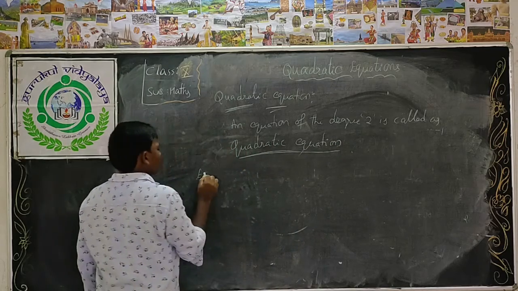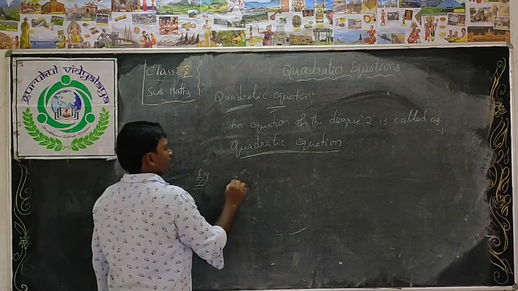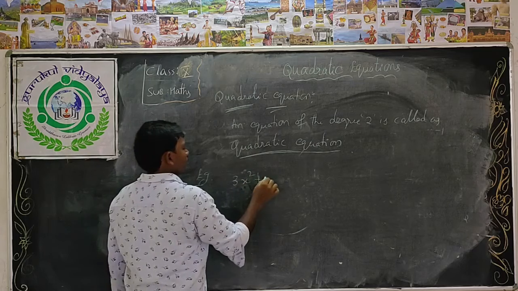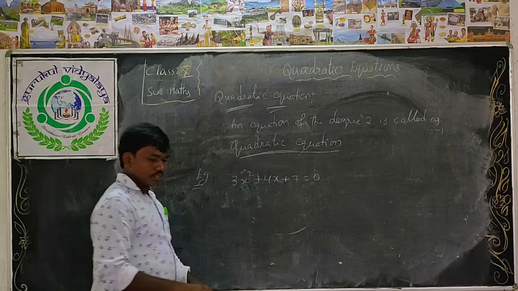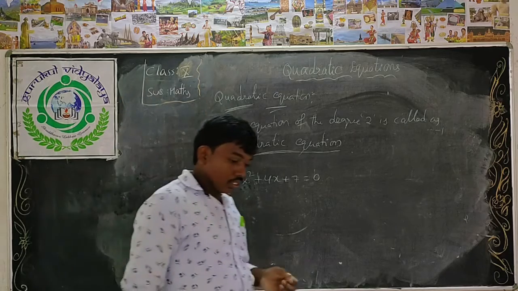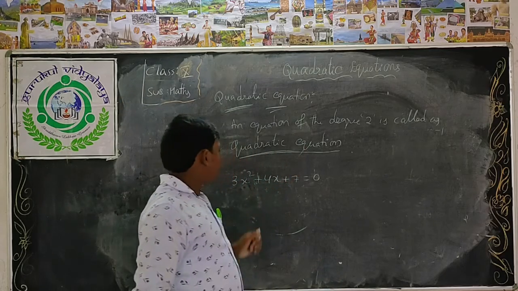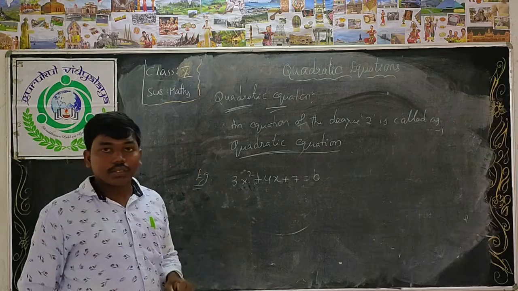So for example, 3x square plus 4x plus 7 is equal to 0.